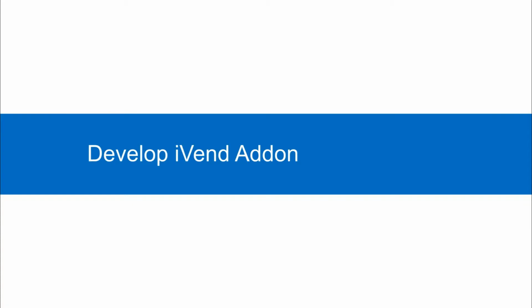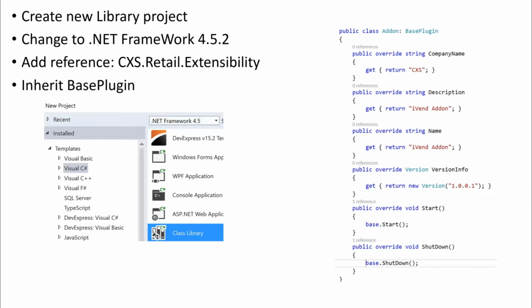These are very basic steps. You open Visual Studio, create a new library project, and make sure you change the platform to .NET Framework 4.5.2. Add the reference from cdc.retail.extensibility and inherit from BasePlugin.